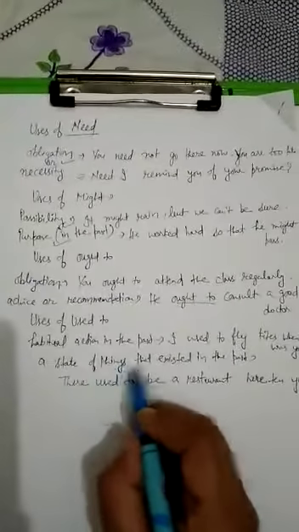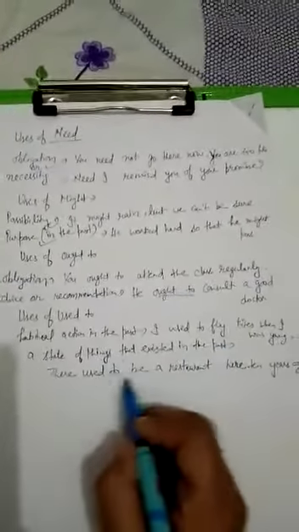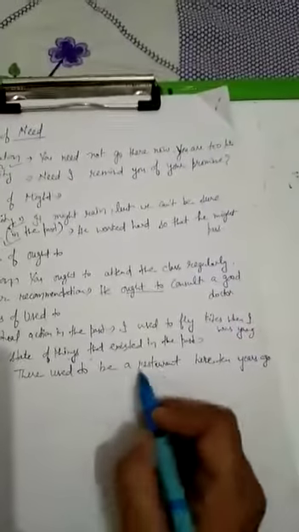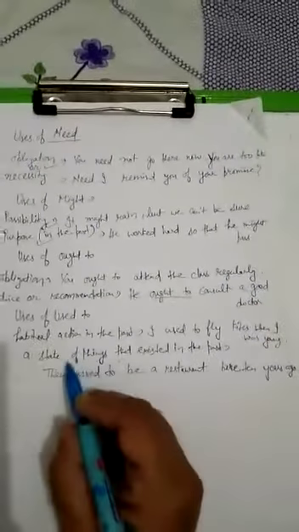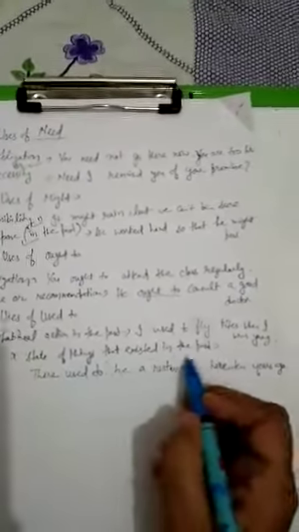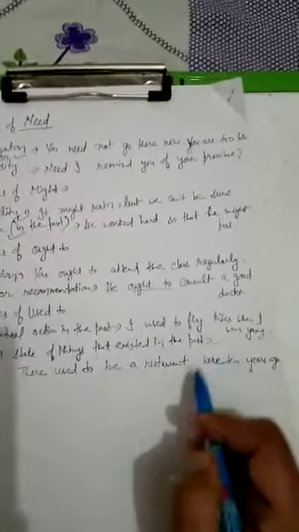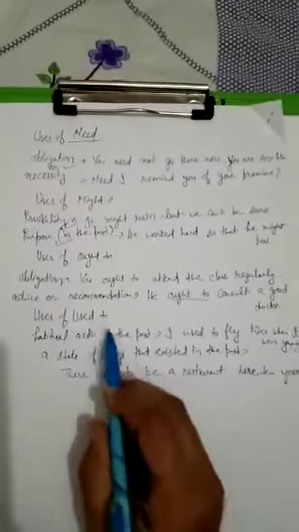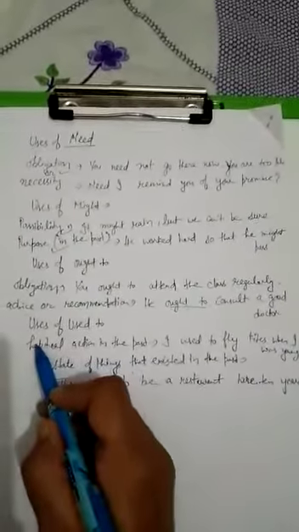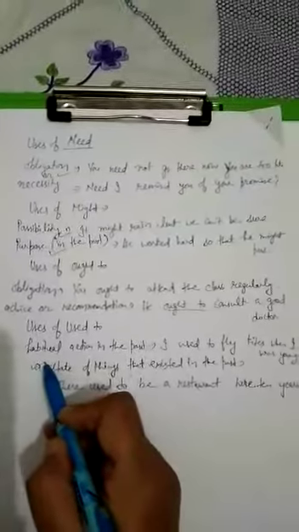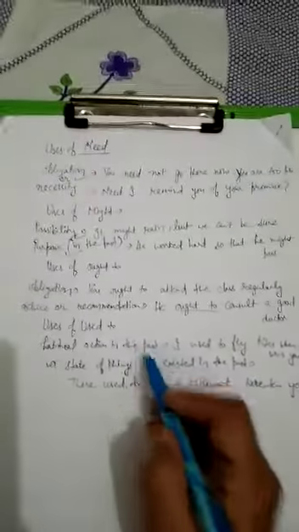Here also is a state of thing, the condition of a thing that existed in the past. So the restaurant was there, and it was the state of the thing existing in the past. So here we have used used to for the habitual action in the past and a state of things that existed in the past.